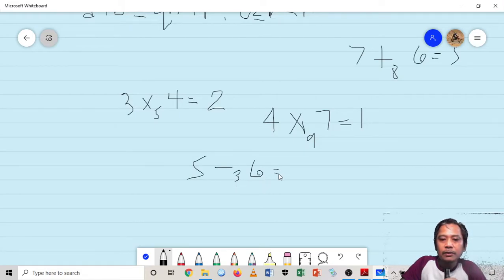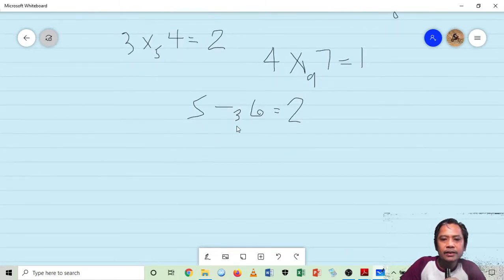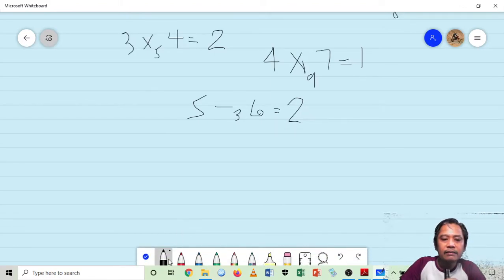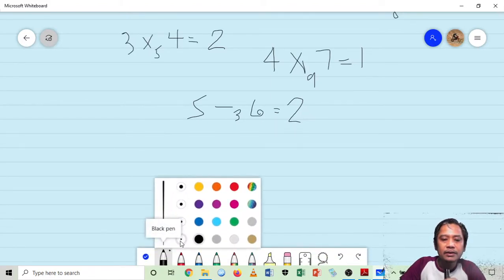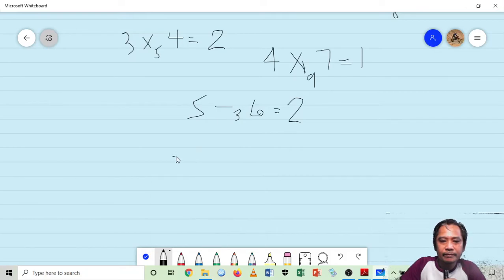That will be equal to 2. Why? Take note that the modulo this time is 3. In ordinary subtraction, 5 minus 6 is negative 1.